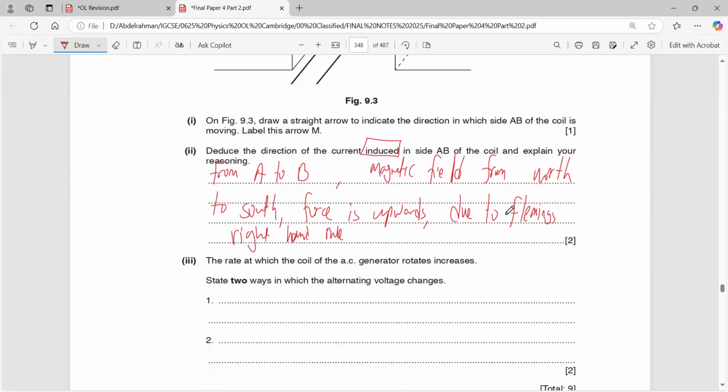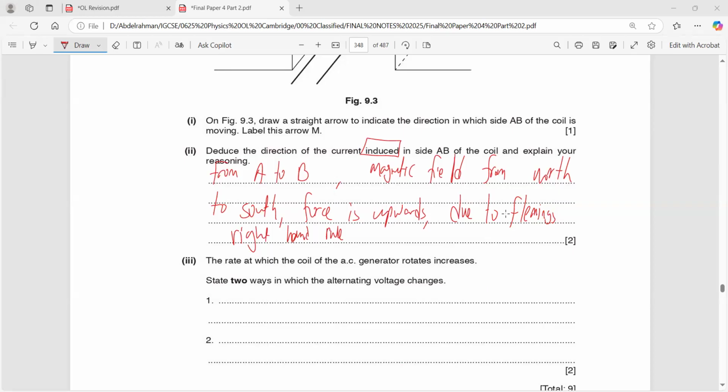The rate at which the coil of the AC generator rotates increases. The speed increases. State two ways in which the alternating voltage changes. If you speed up, the rotation is much faster. How will the alternating voltage change? Definitely, the output voltage, the minimum and maximum voltage, would increase.